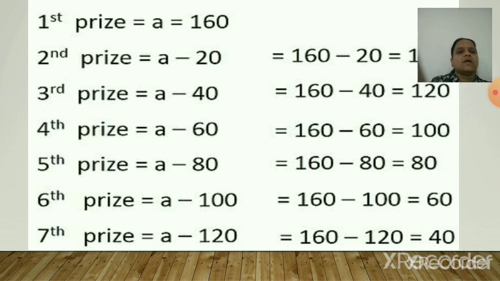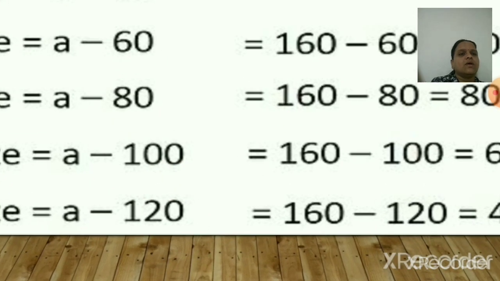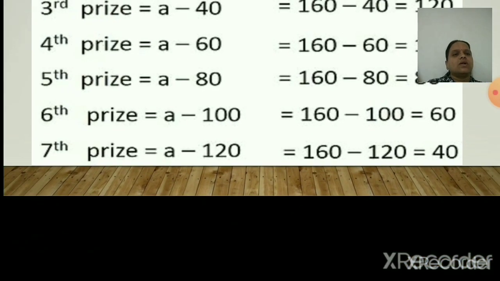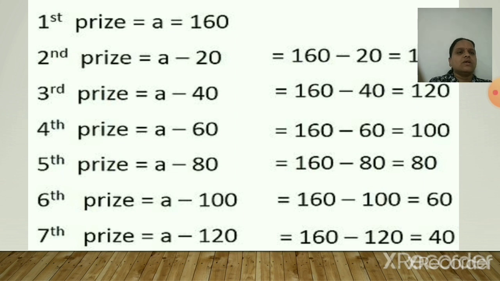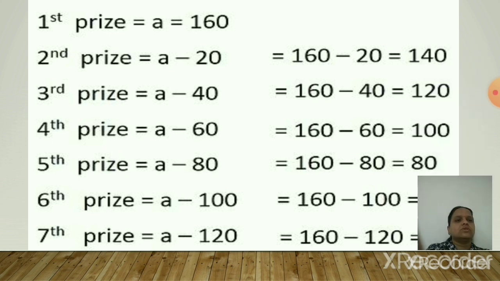The sixth prize is A minus 100, 160 minus 100 equal to 60. And the seventh prize is A minus 120, 160 minus 120 equal to 40. So these are the cash prizes from 1st to 7th. You have to show all these values with the calculation. So this is your final answer.